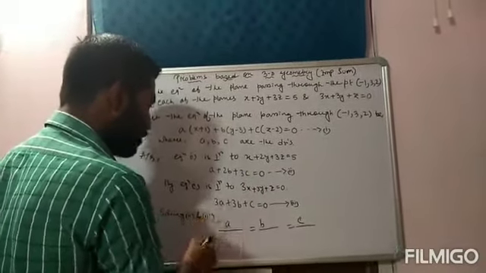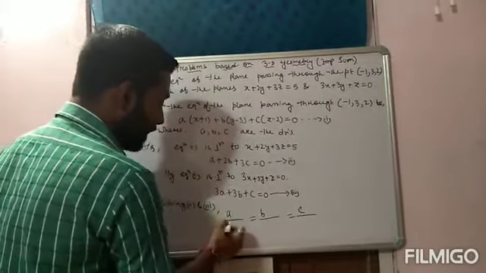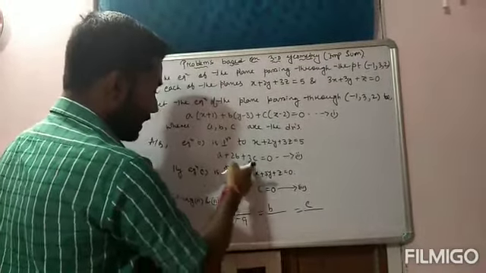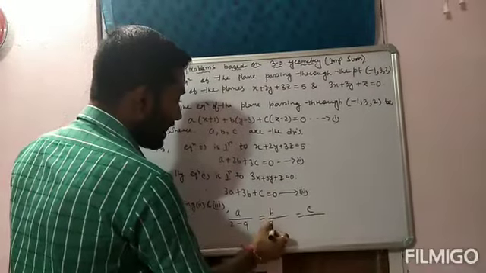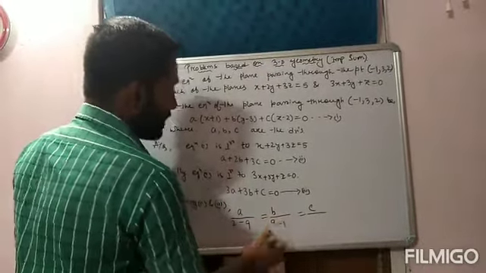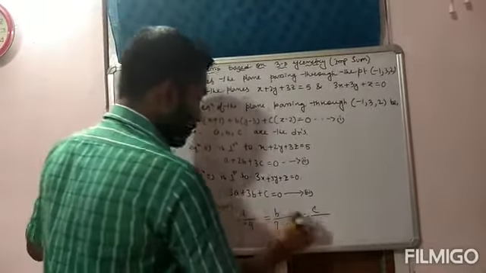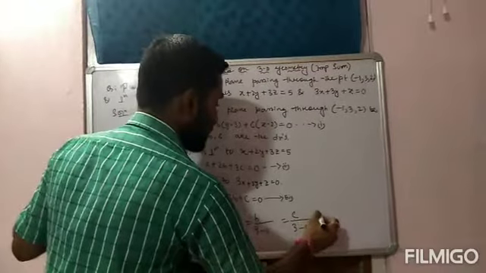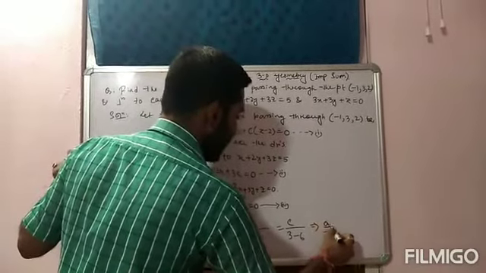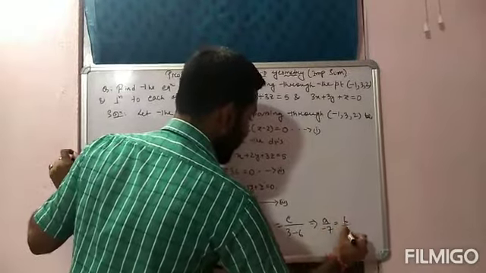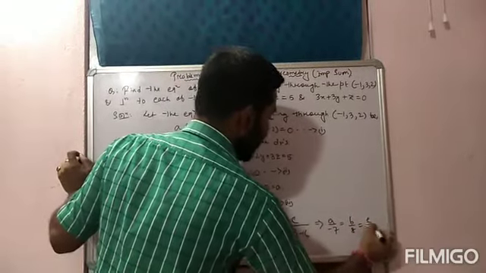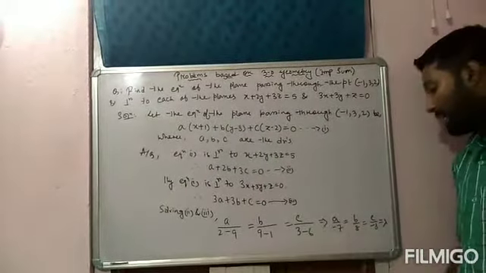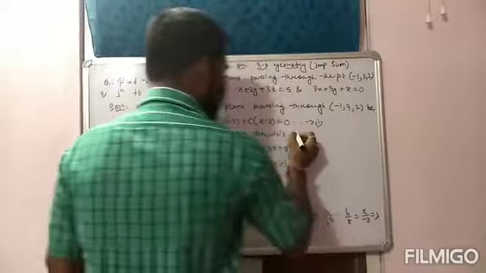So a by 2 into 1, that is 2, minus 3 3's are 9. b by 3 into 3, that is 9, minus 1. c by 3 into 1, that is 3, minus 6. So this is equal to a by minus 7, b by 8, c by minus 3. This is equal to, say, lambda.